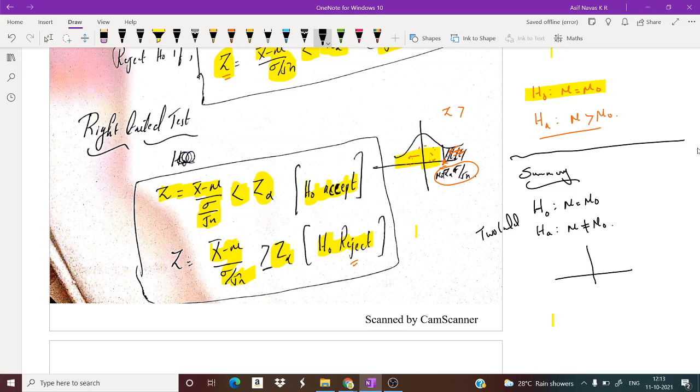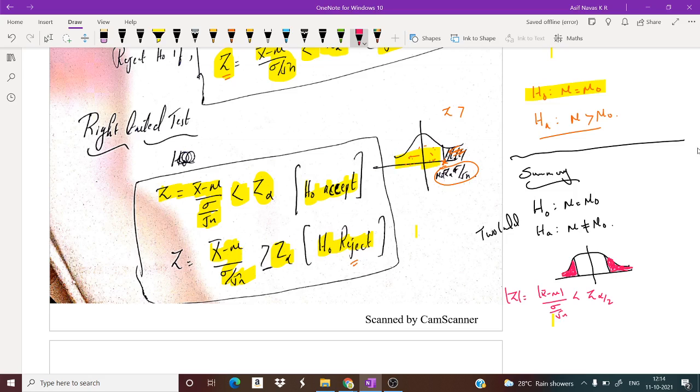So this we have to test. For that, in order to accept h naught, we take the level of significance alpha. If our test statistic z equal to mod x bar minus mu by sigma by root n is less than z alpha by 2, because here it may lie in this region or in this region, left or right.